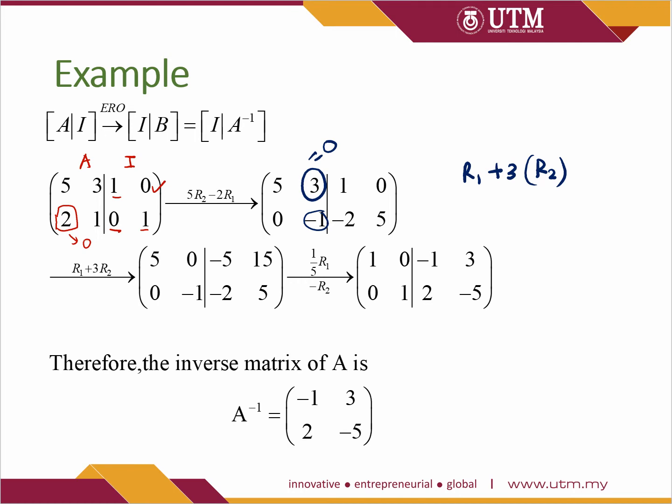So here we will have 3 plus 3 times negative 1 equals 0. So for this column, we will get 0.